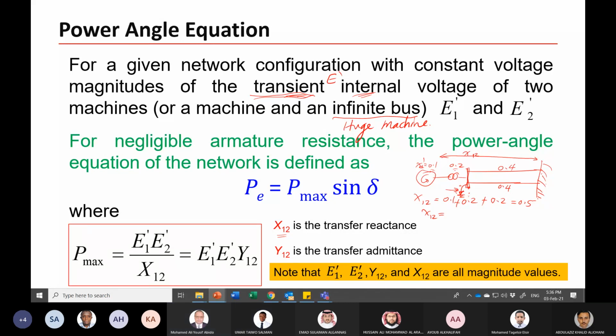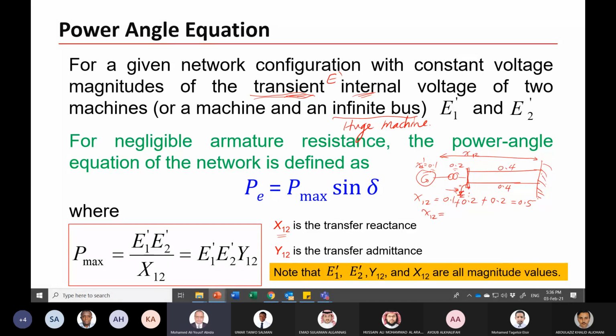Abaziz. Maybe 0. It's a 0, short circuit. No, it is not 0. Ayoub, Wael.